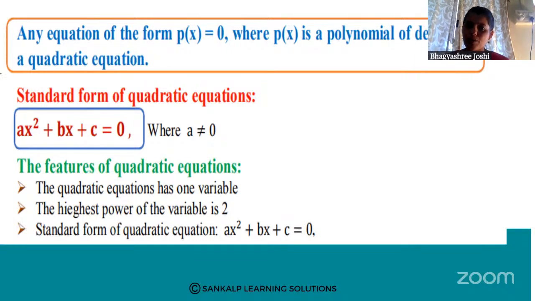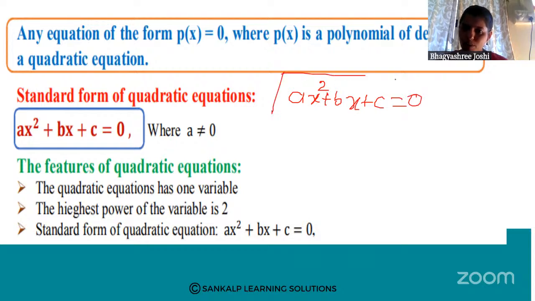The standard form of quadratic equation is ax square plus bx plus c equal to 0. For linear equation, the standard form is ax plus b equal to 0.